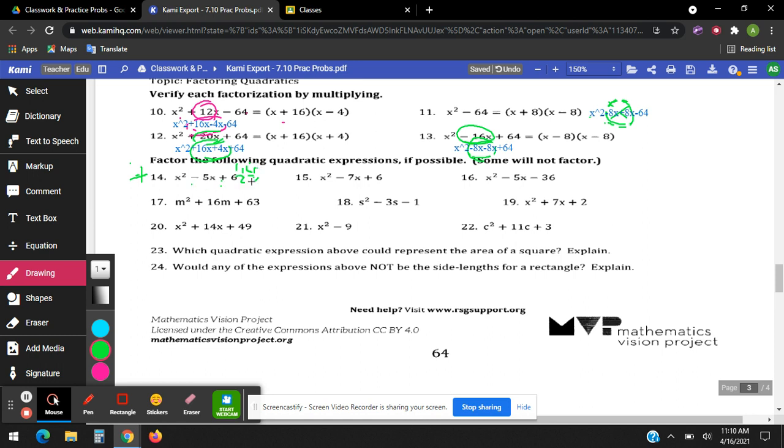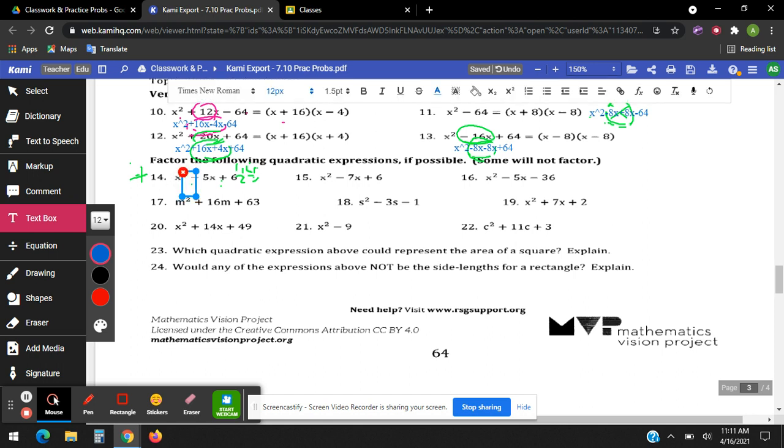So 2 plus 3 equals 5. So let's do x minus 2 and x minus 3. Both have to be negative. 2 plus 3 is -5. -2 times -3 is -6.